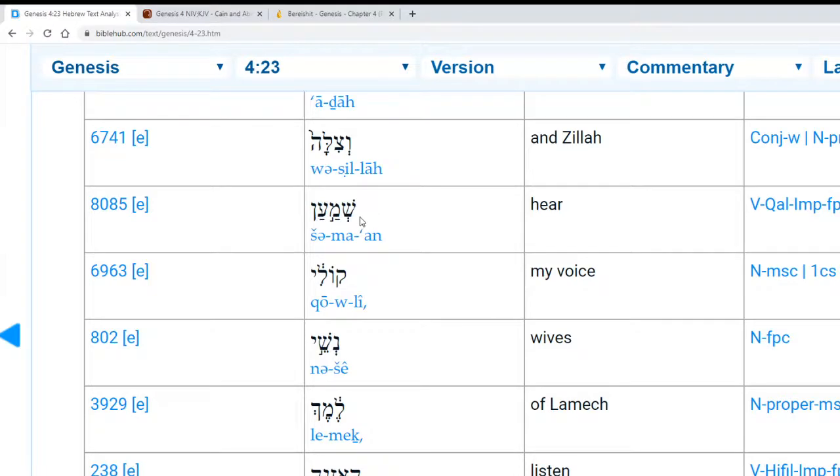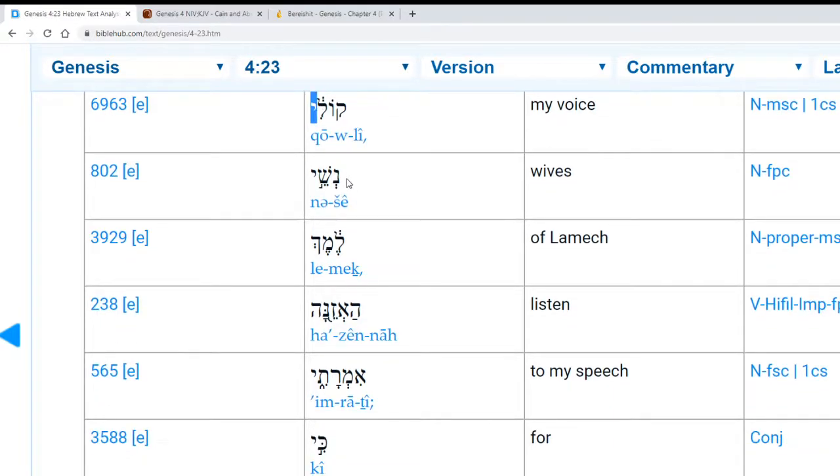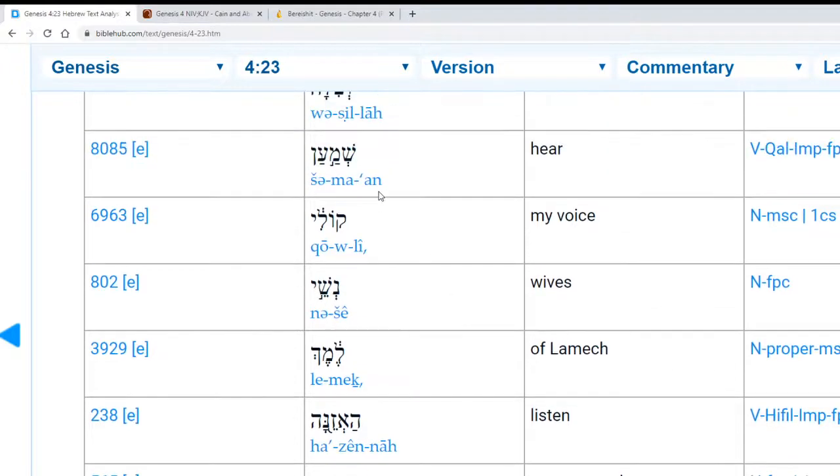And this is shaman, so you females listen, right? Actually, they females listen. Shaman kol i. So kol meaning voice, and here it's written bemilui. The yod at the end means mine. Neshe lemech. So nashim again in the construct form. Neshe lemech. Listen to my voice.